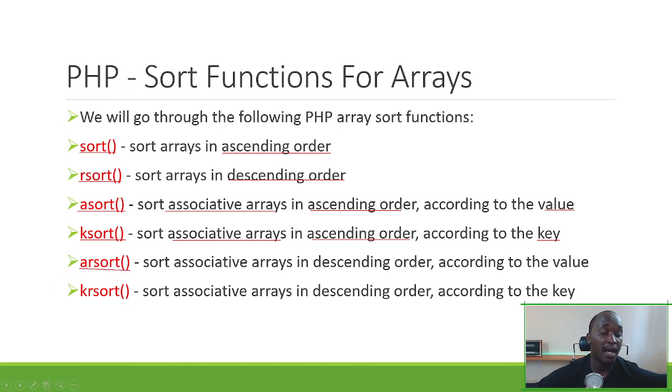Then arsort, you might have already guessed it right. arsort is the opposite of asort. So simply sort in descending order, where R is for reverse, according to value. Then krsort is descending, yes, but according to the key. So that is how you sort.